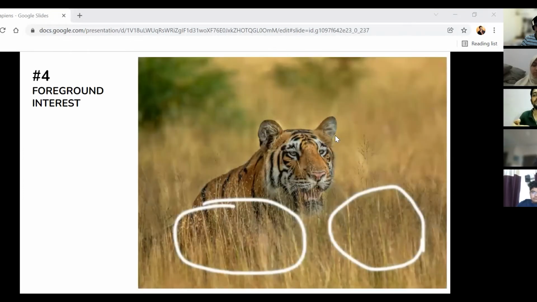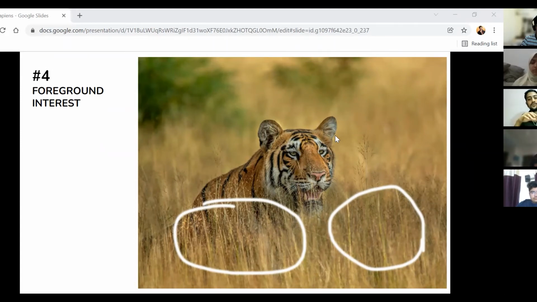Post which there is something called the foreground interest. You have a subject in the background and then you have a subject in the foreground that does not disturb the subject in the background. They are just present there, but you do not get distracted by the subject present in the foreground. This kind of composition is majorly used in films to show something that is hiding in between something.